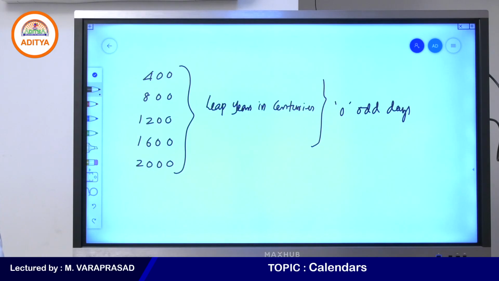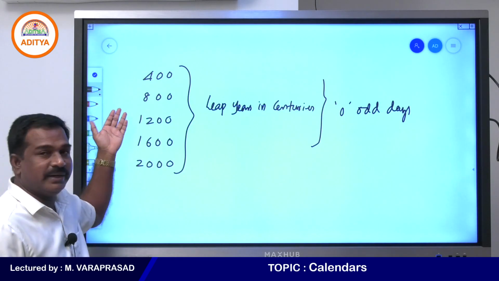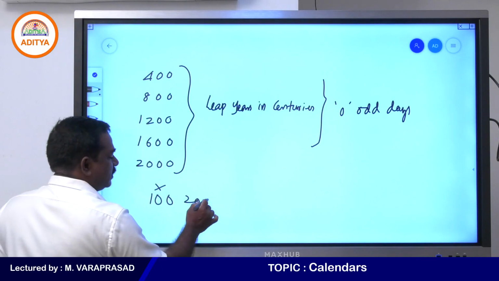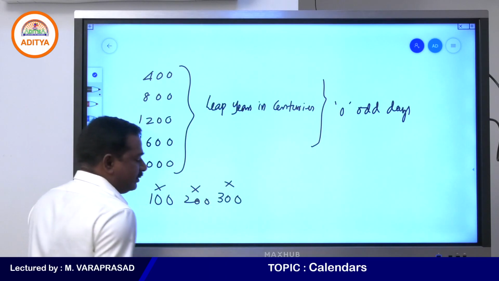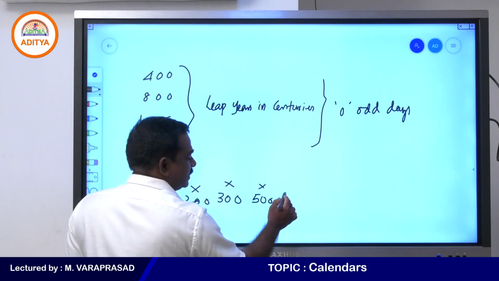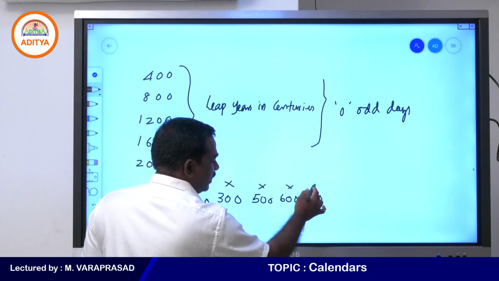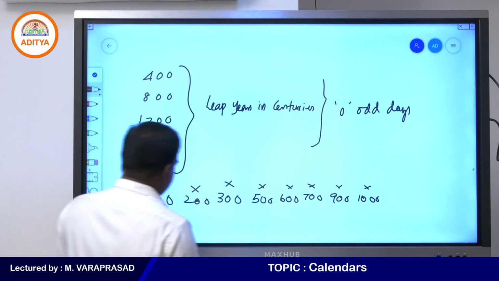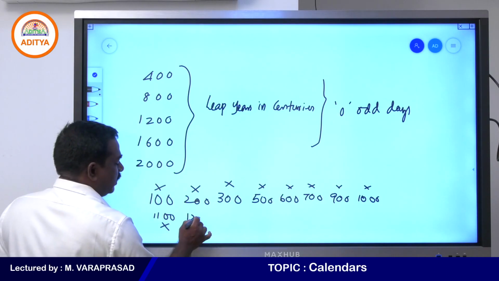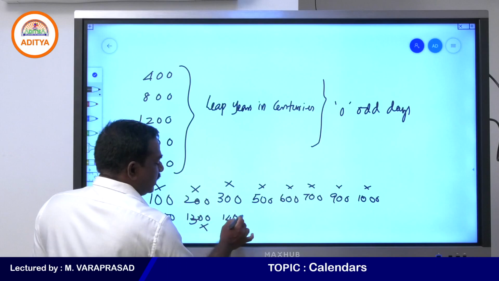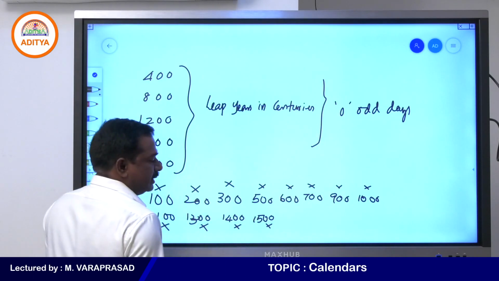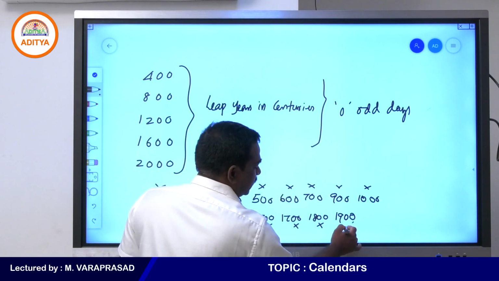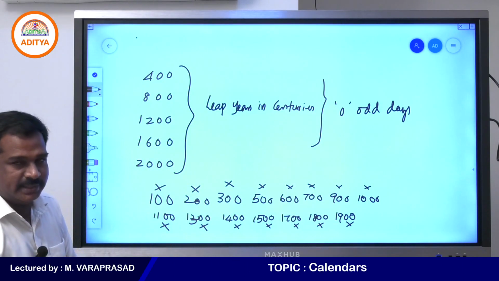So century years are 400, 800, 1200, 1600, 2000. 100 is not a century leap year, 200 is not, 300 is not, 500, 600, 700, 900, 1000, 1100, 1300, 1400, 1500, 1700, 1800, 1900, 2100 also not.